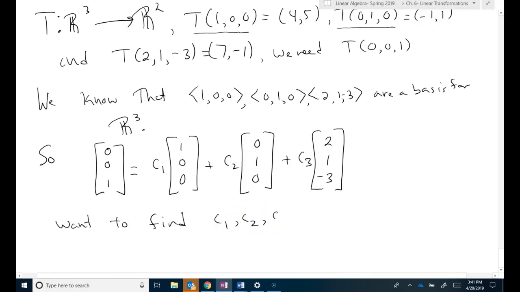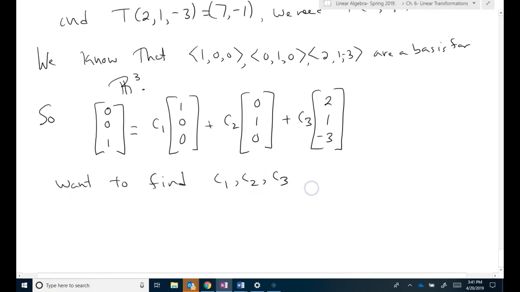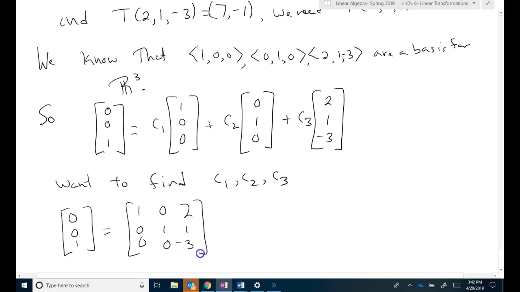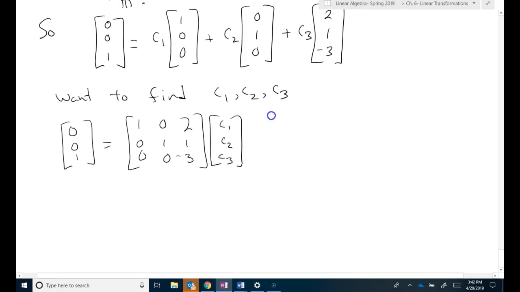If you remember, it's basically transforming one vector in one basis to a vector in another basis. So we'll rewrite that. That means (0, 0, 1) will equal the matrix with columns (1, 0, 0), (0, 1, 0), (2, 1, -3) times C1, C2, and C3.